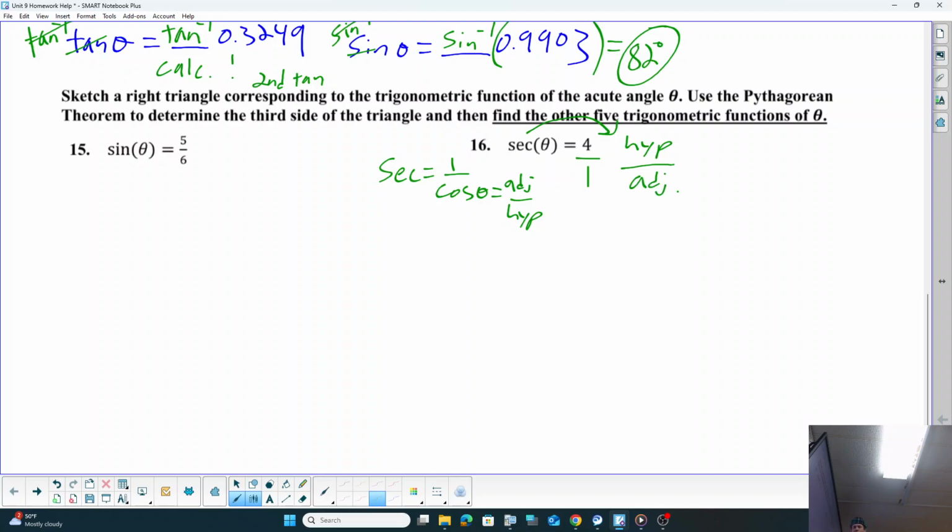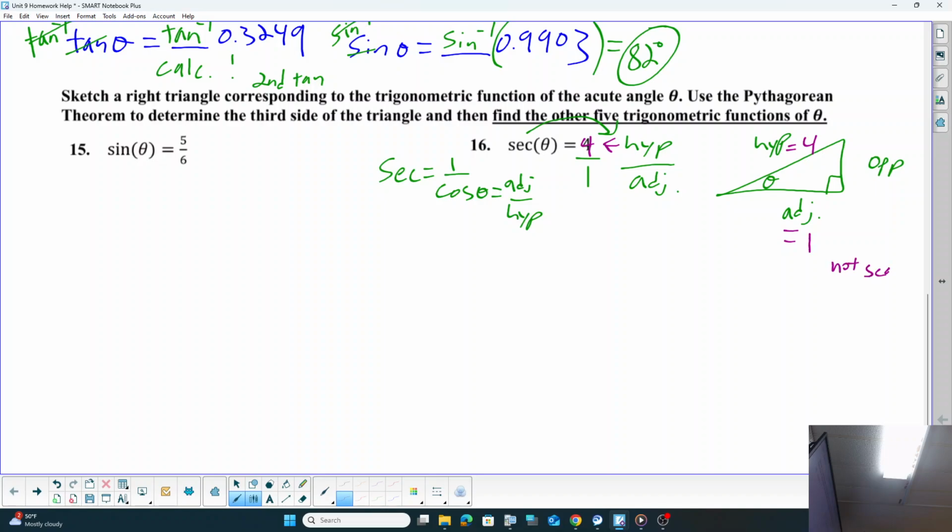Can you draw a right triangle now and fill in the blanks? We'll say theta is down here, this is opposite, this is adjacent, and this is hypotenuse. What is our hypotenuse? Our hypotenuse is 4. Then the adjacent side, doesn't look to scale, does it? We'll say the adjacent side is 1.